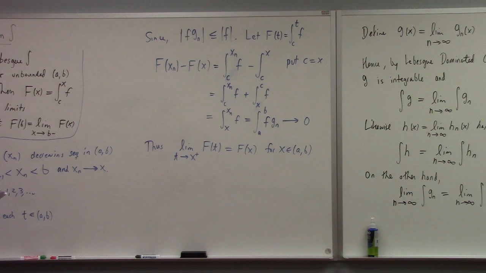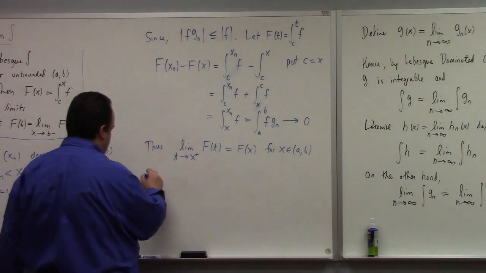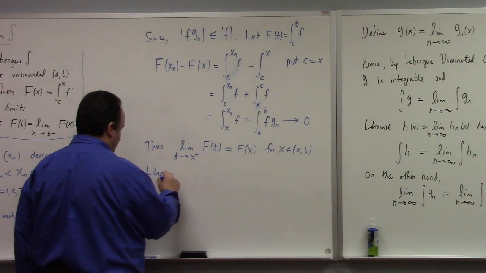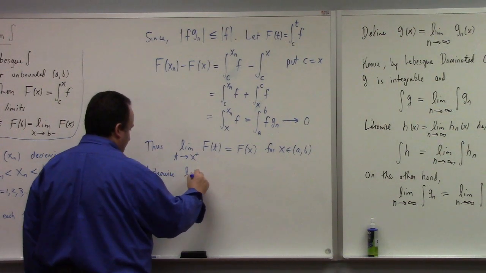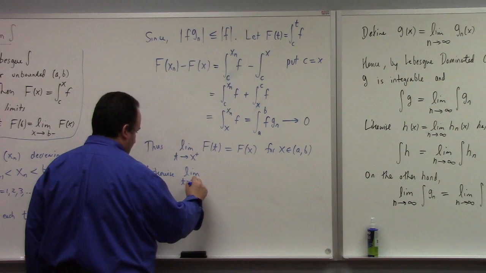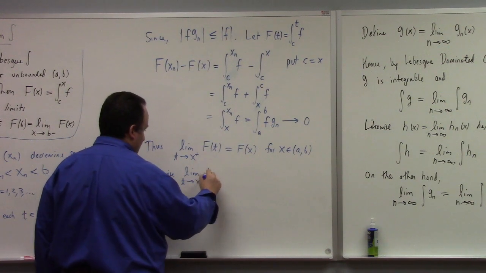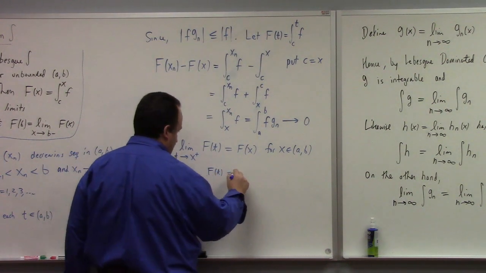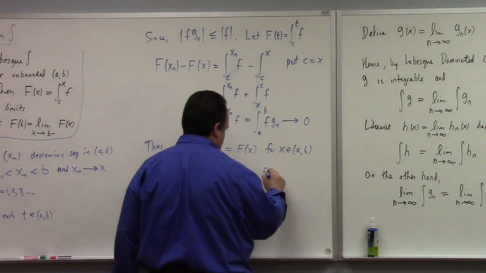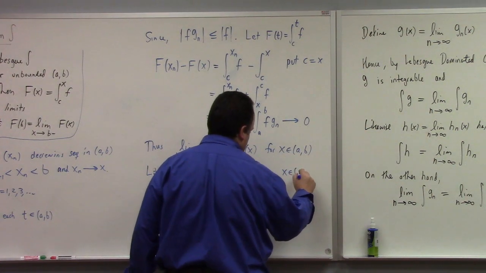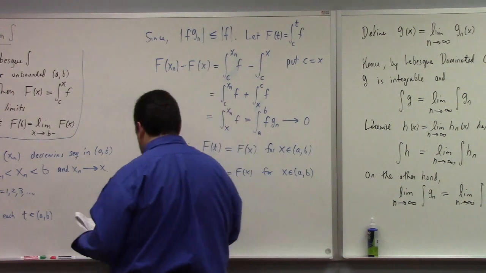And so he says likewise, you can prove that the limit as t approaches x from the left of f of t is equal to f of x for x an element of AB as well.